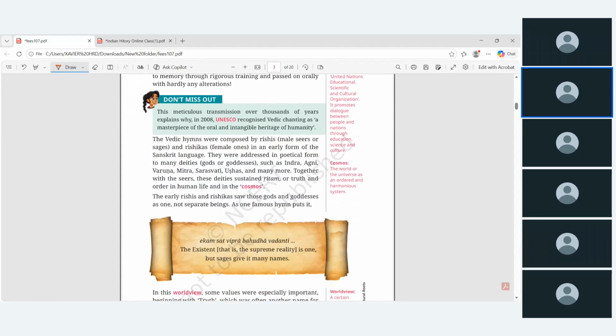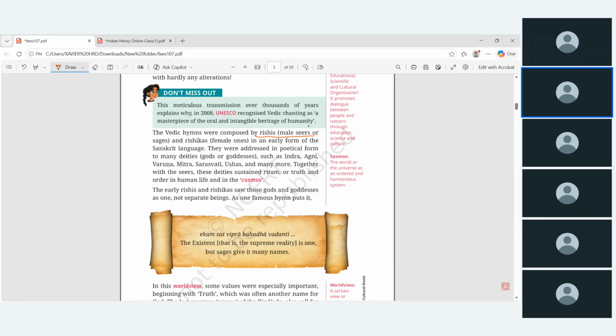The Vedic hymns were composed by rishis, male seers or sages, and rishikas, female seers. That is why the Rig Veda has 10 mandalas, and every mandala is dedicated to some rishi family.